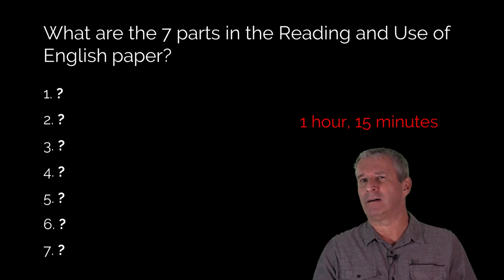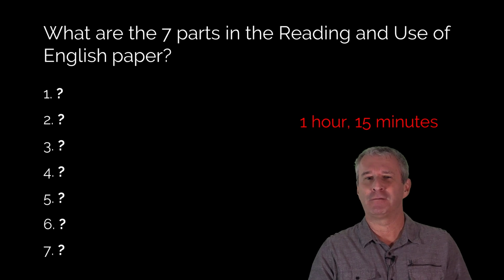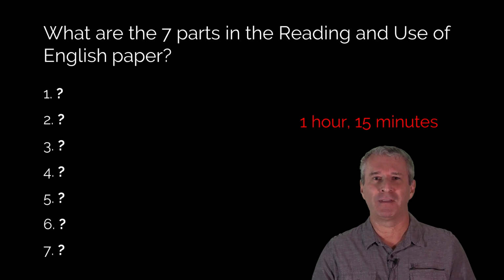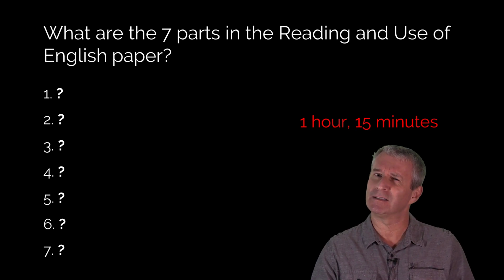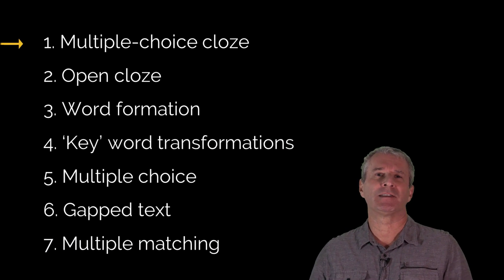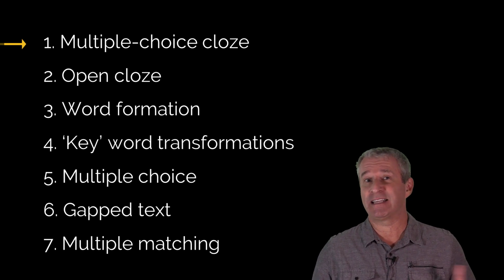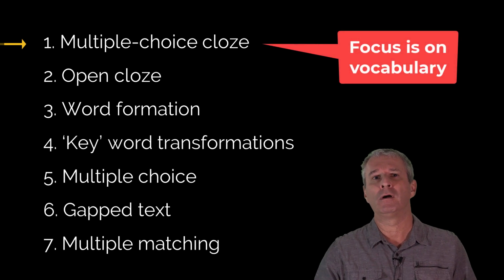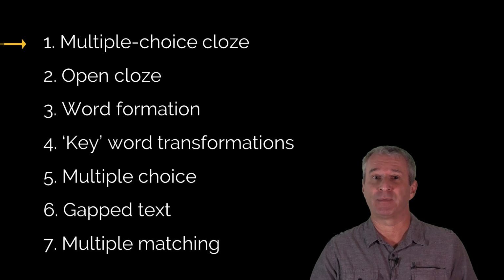But what are those 7 parts? Do you remember the different task types that make up this part of the exam? And what do you have to do in each part? The multiple choice cloze is the first part. You need to read a text and then choose the best word from 4 options in order to complete 8 gaps.